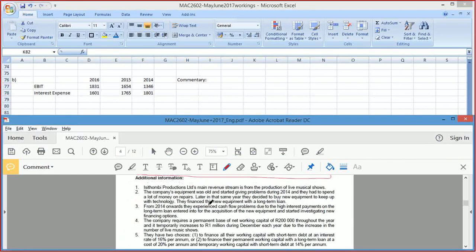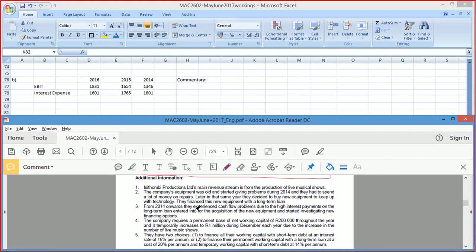So go to the additional information. There it is. Main revenue stream is from production of live music. Equipment was sold and started giving problems, and they had to spend a lot of money on repairs. Did the EBIT go up or down? It went up, not down. So that's a good thing. They had to buy equipment, and finance this new equipment with long-term loans.